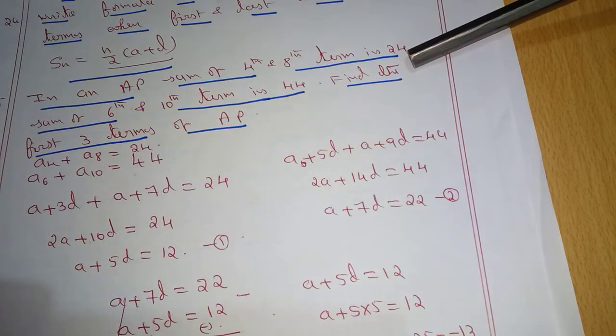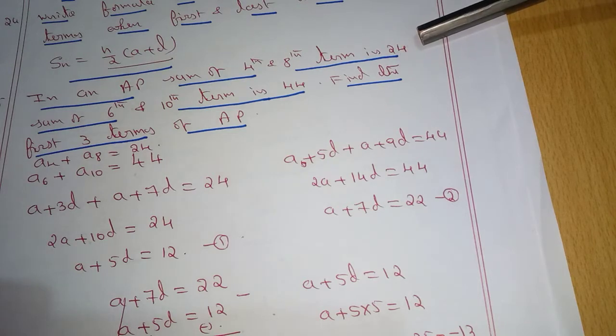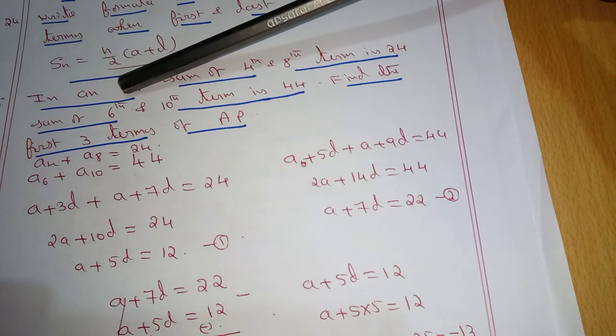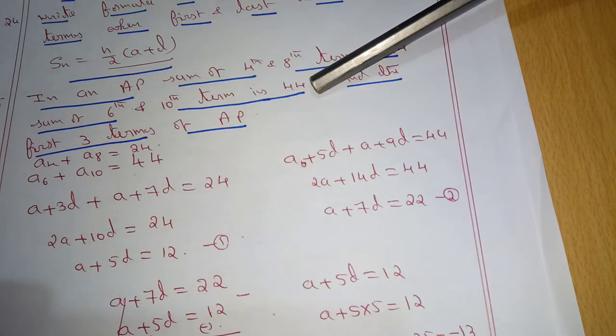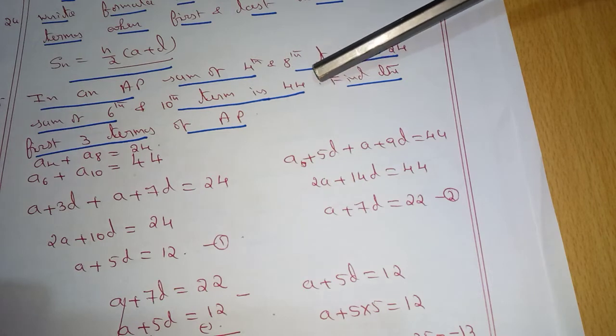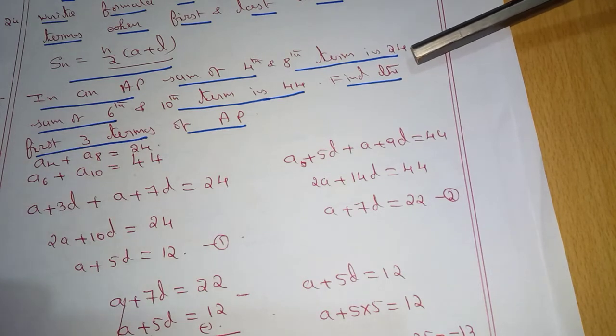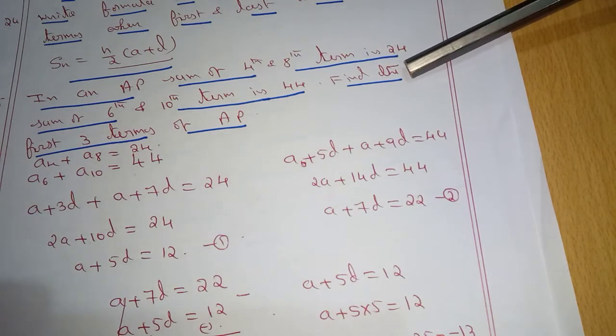The sum of the sixth and tenth terms is 44. Find the first three terms of the AP.